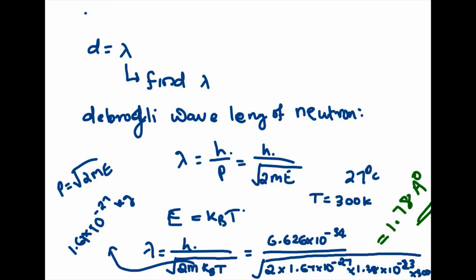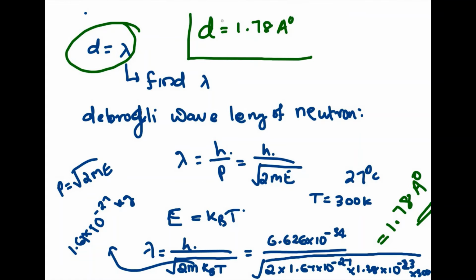So we got lambda equal to 1.78 angstrom. We know d is lambda, so d is equal to 1.78 angstrom. Angstrom is 10 power minus 10 meter. So this is the final answer: interplanar spacing is 1.78 angstrom.